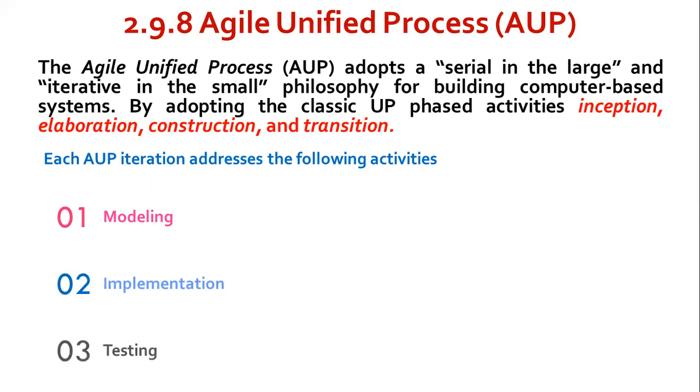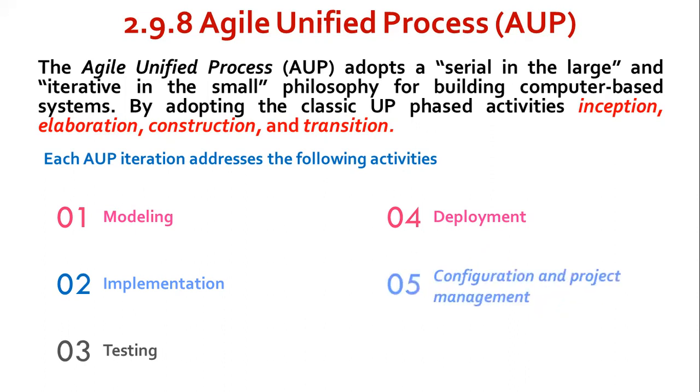Third, in testing, like XP, the team designs and executes a series of tests to uncover errors and ensure that the source code meets its requirements. And the fourth one is deployment. Here, like the generic process activity deployment, in this context it focuses on the delivery of software increments and the acquisition of feedback from the end users.